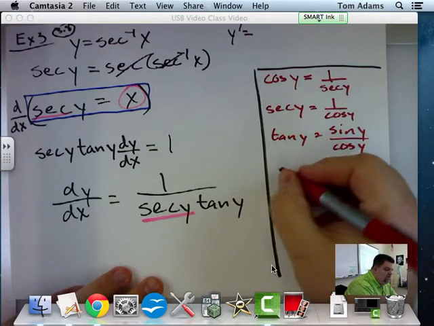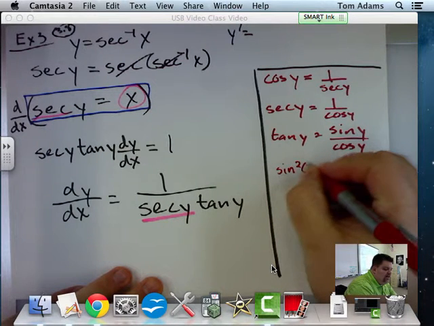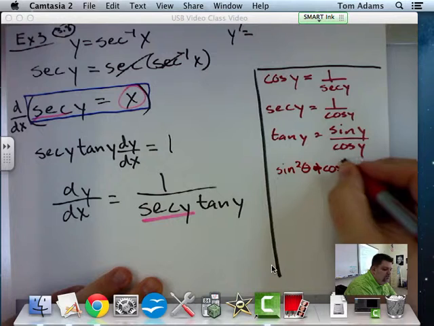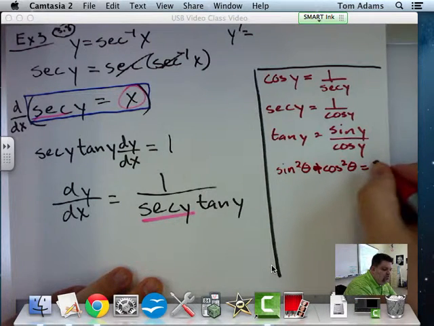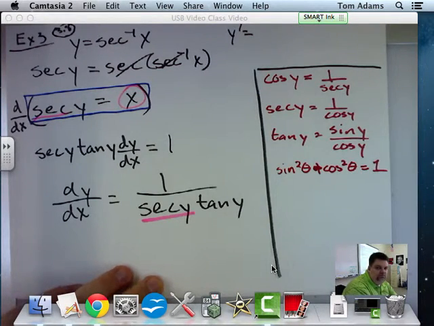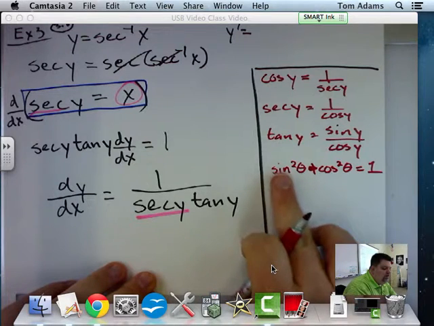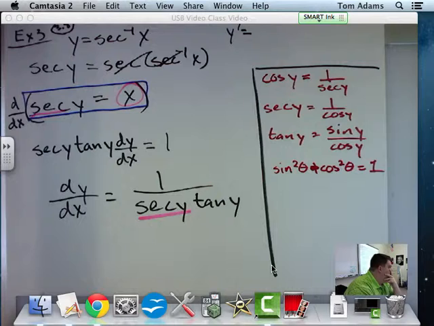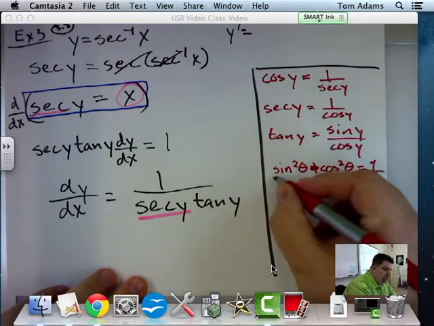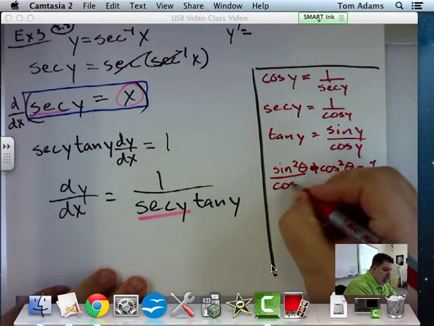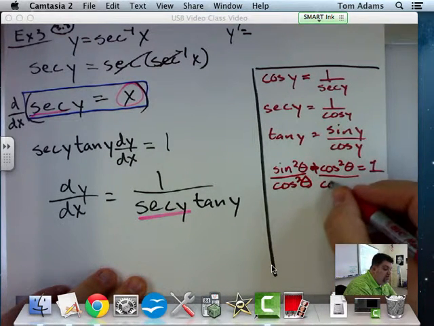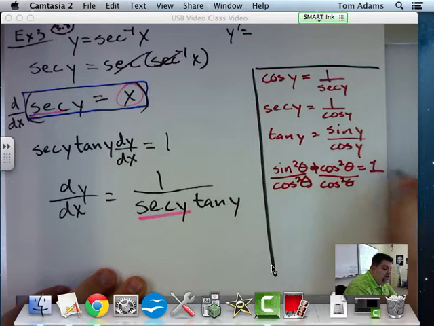The Pythagorean one, right? So if I say sine of theta squared plus cosine of theta squared equals 1. What do I do to make sine squared of theta into tangent squared of theta? Well, I divide both sides by, actually, to follow the rules of algebra, I have to do it to every term.